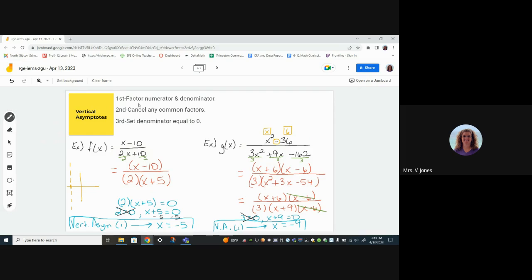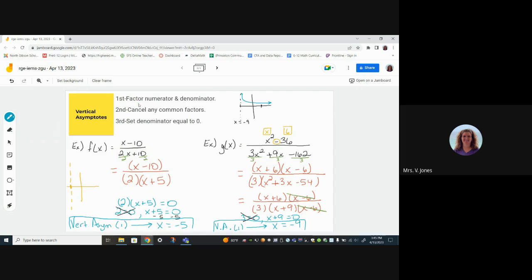So what will happen there is, if you have a graph, okay, we know that over here at negative 9, we've got a vertical asymptote. Okay, we know that. But over here at 6, we've got something going on. So let's pretend for a second, I'm not sure what this graph is going to do, but let's pretend for a second that our graph does something like this. Okay, let's say that it does this.